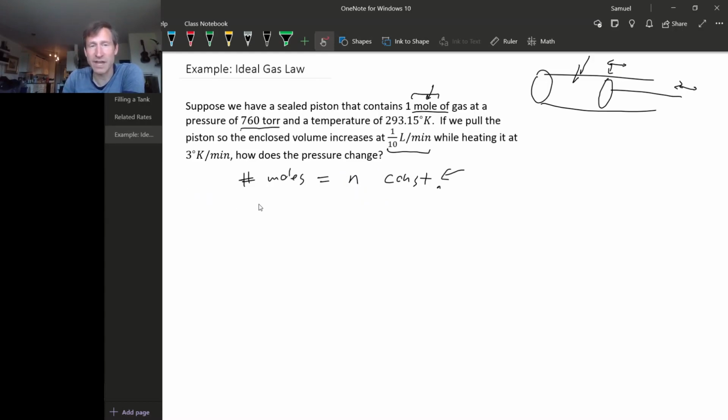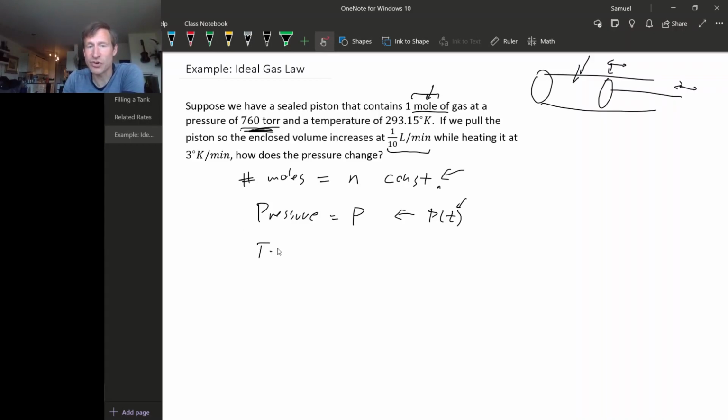There's the pressure of the gas. Let's call that P. Now we know the pressure at a particular moment in time, but once we start heating things and moving the piston around, this pressure is going to change. So this really is a function of time. We won't write the of t part, the parentheses, but just keep in mind that it is a function of time.